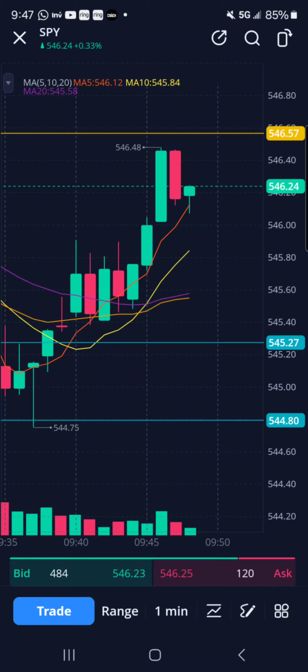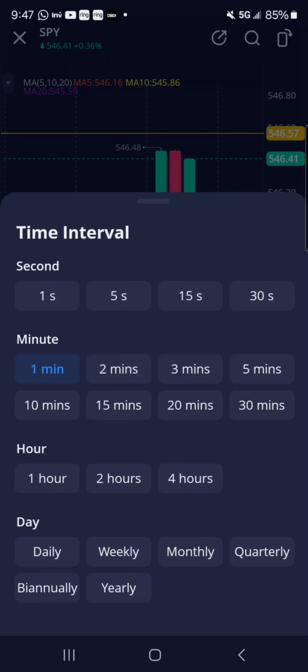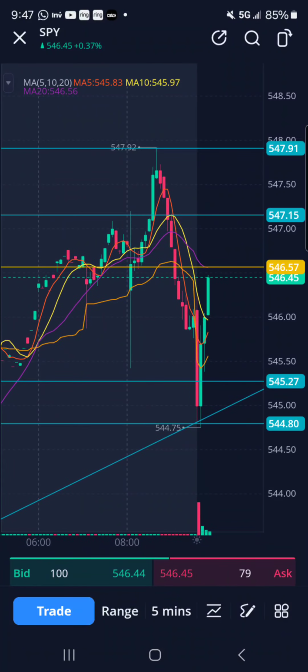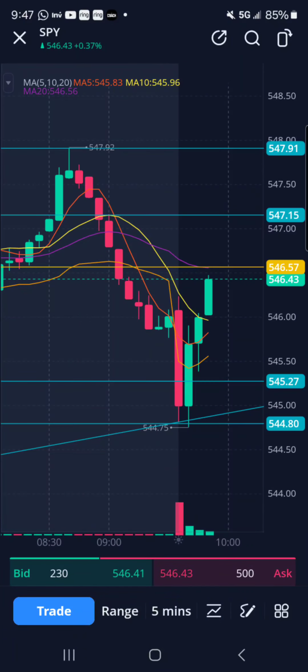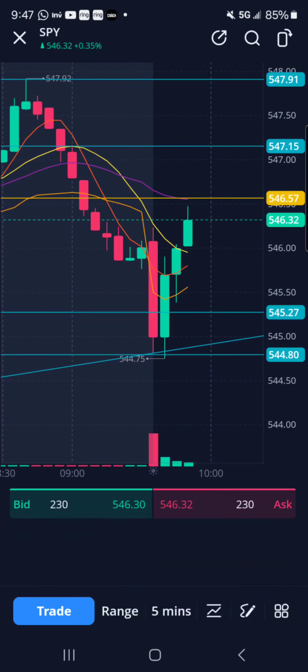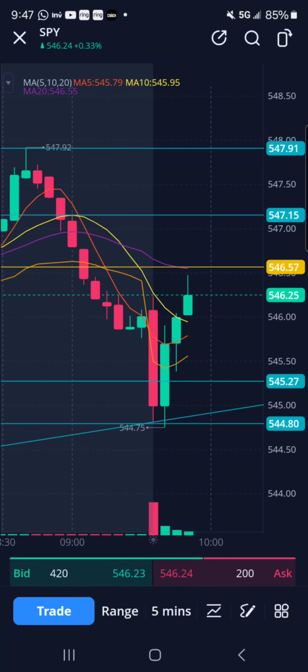So we could watch if price stays above this EMA and stay in the trade longer. Let's get back to the 5 minute. It's better to trade with the 5 minute. The 1 minute will scare you out of your plays.